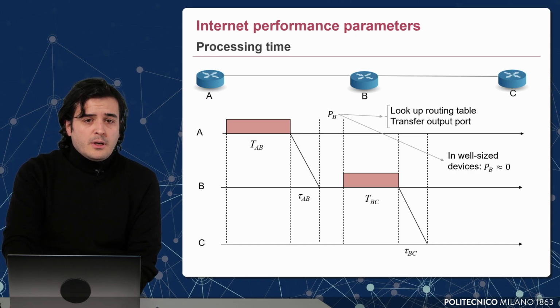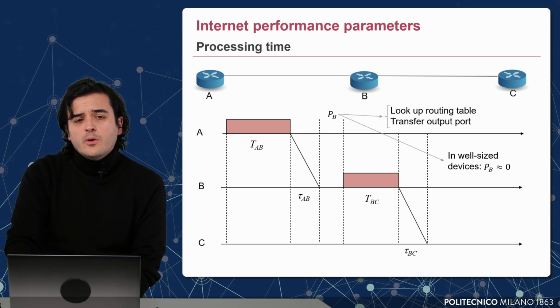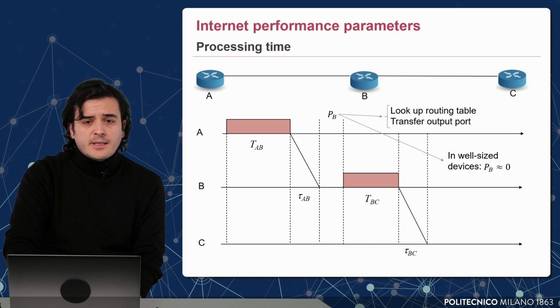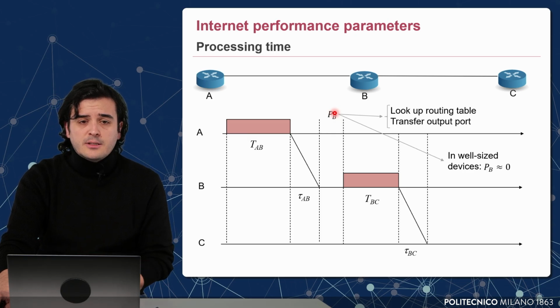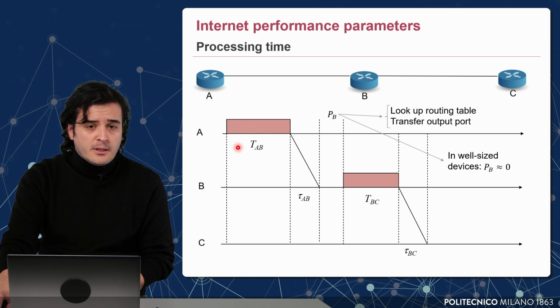From the point of view of the nodes, we also have to take into account the processing time, which is defined as the time that each of the nodes needs to process the message that it receives. In this case, we see that transmitting a message from point A to point B requires a transmission time TAB.